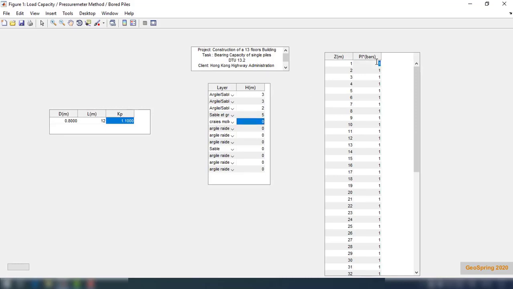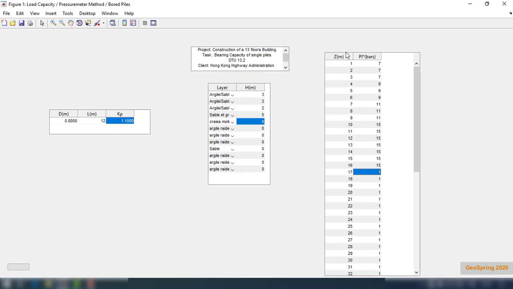Here you put your limit pressure profile, for example 7, 7, 7, after that 9, 9, 9, 11, 11, 11, and after that it goes to, for example, 15, 15, 15, 15, 15.